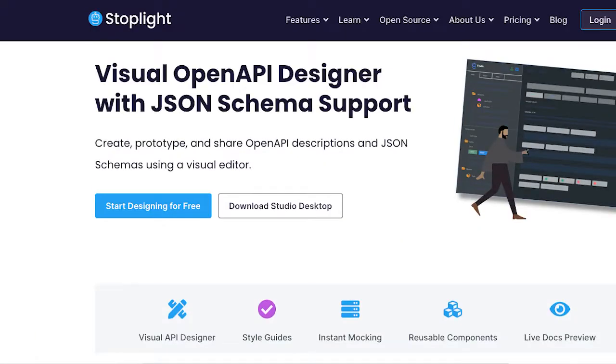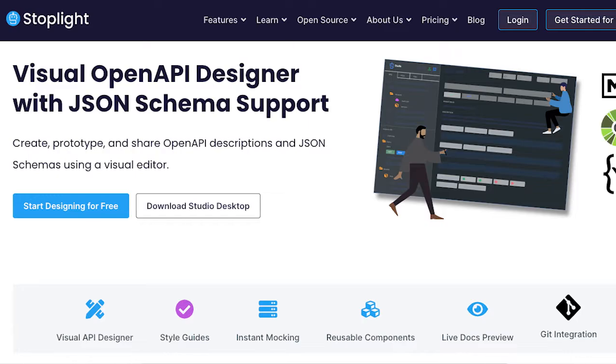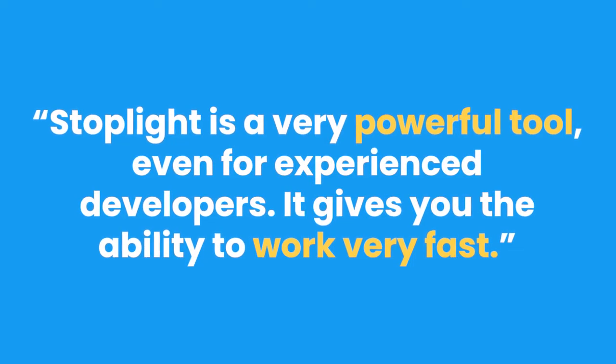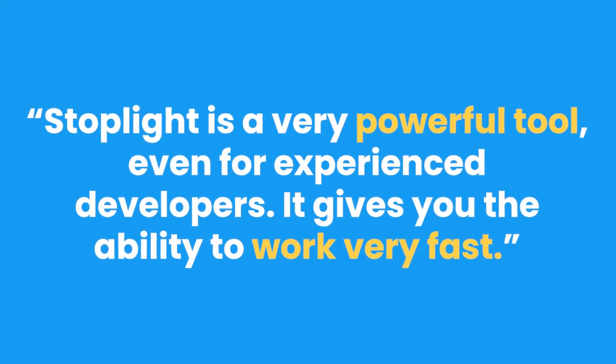My favorite thing is the studio. It might sound very simple, but I think it's a very powerful tool because even for experienced developers, it gives you the ability to work very fast. And one important part is that not everyone involved in a team is a developer.